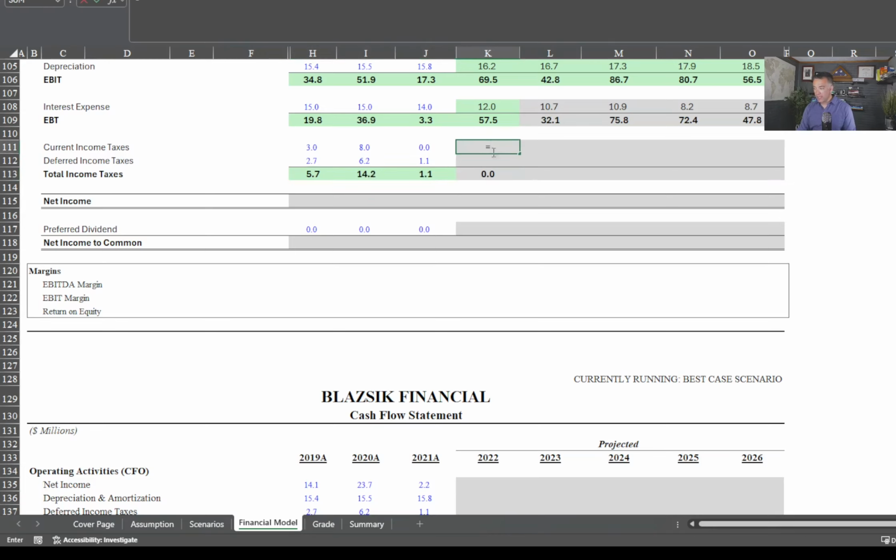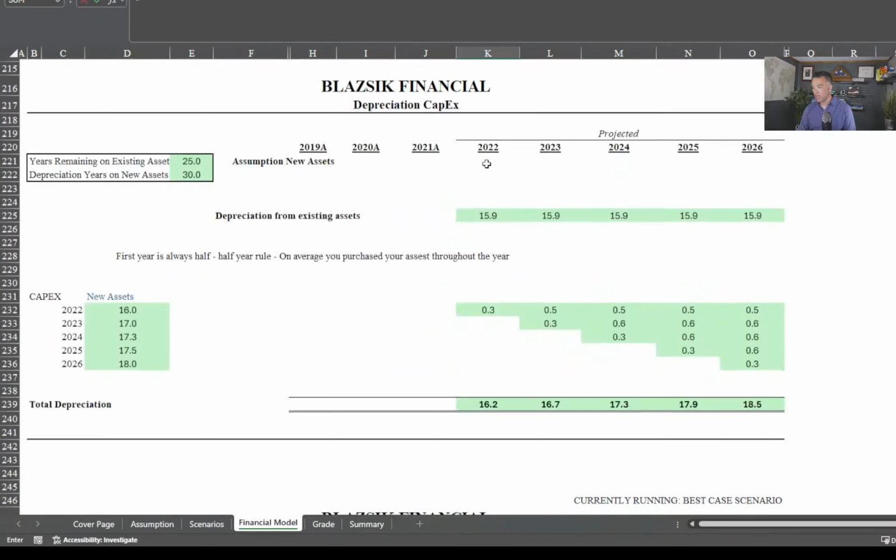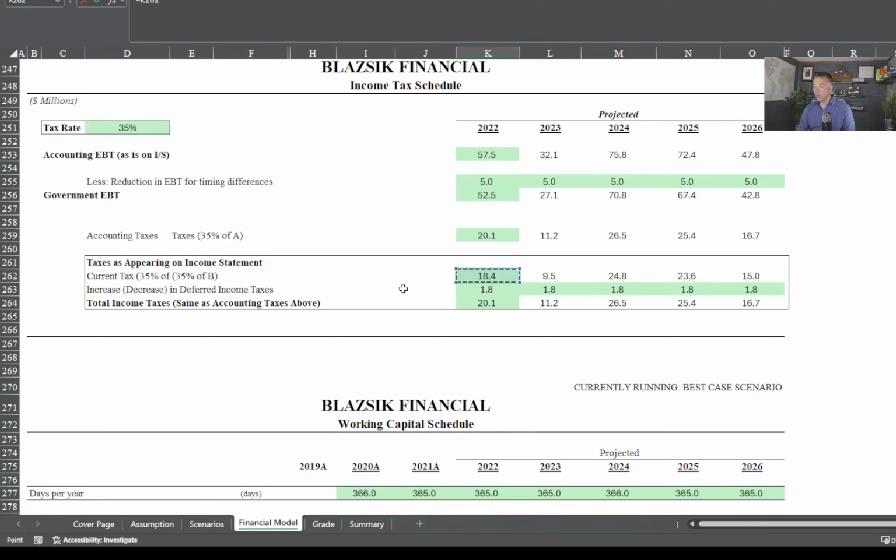So what I need to include in here, we need to get the projected current and deferred. So I'm going to select that. If you notice that we have current taxes and we got deferred underneath, just like our income statement. So I'm going to select the first cell, drag it down. I got both of those to drag across. It's important to note what deferred is again. So watch the video about income tax.